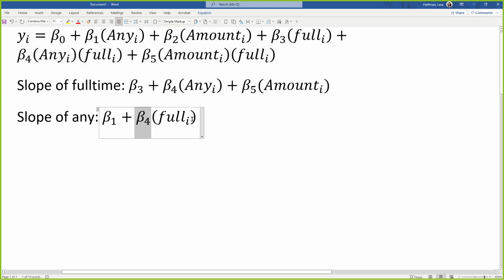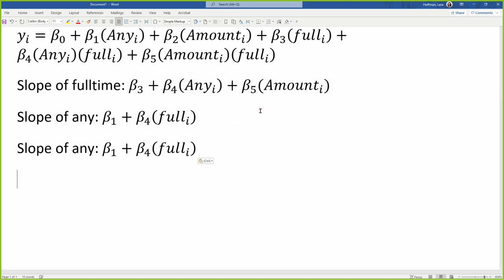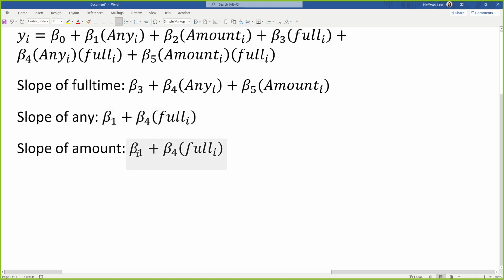So the sum of these two gives you what the slope would be to differentiate the effect of going to no sessions versus 1 session. And then the same thing would be true for amount, where we start with beta 2, and this switches to beta 5.